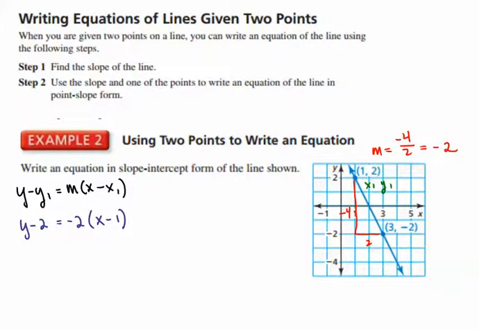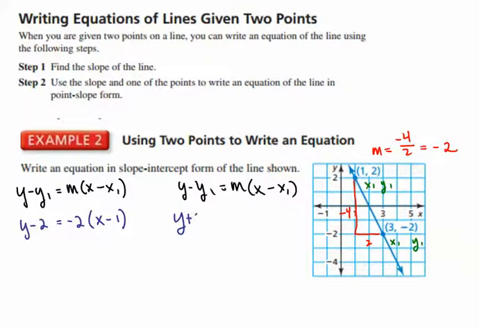So I have y minus y1 is equal to m times x minus x1. And you only need to use one of these, but I want to show you that it doesn't matter which one you use. Now if we had used the second point as our x1, y1, then we would have y minus y1. So that's y minus -2.